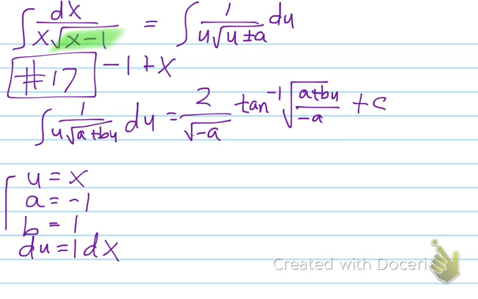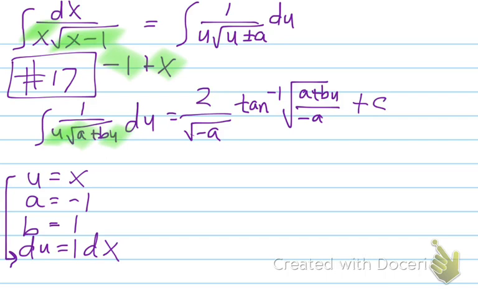And again, I'm just getting the du from taking the derivative right there, by the way. And the rest of it I'm just matching up. So I know that u is x because I see a u here, a u here, x here kind of thing. A is negative 1 because that's the first piece under the square root. And then b is just the coefficient of x, which is 1.